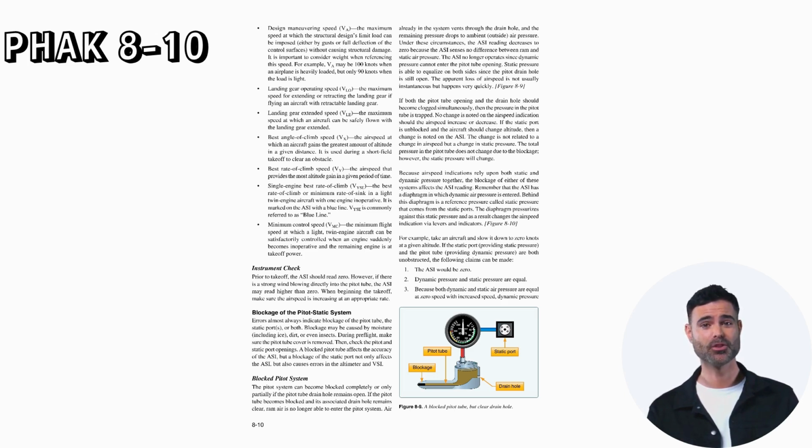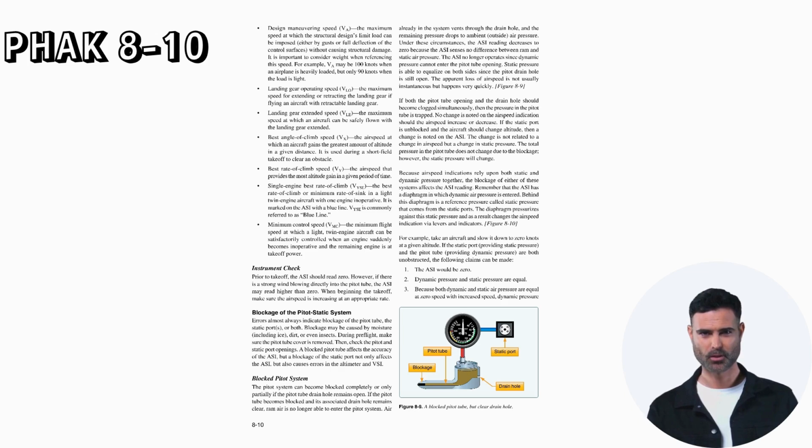If both the pitot tube opening and the drain hole should become clogged simultaneously, then the pressure in the pitot tube is trapped. No change is noted on the airspeed indication, should the airspeed increase or decrease. If the static port is unblocked and the aircraft should change altitude, then a change is noted on the ASI.